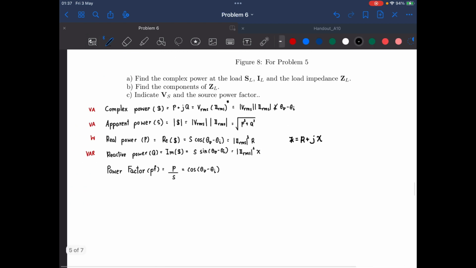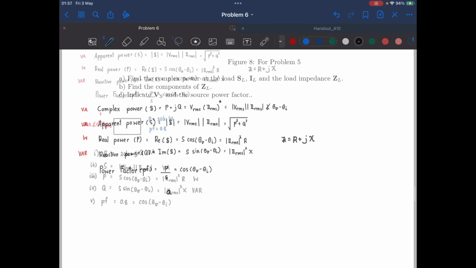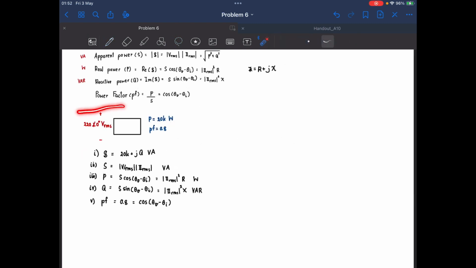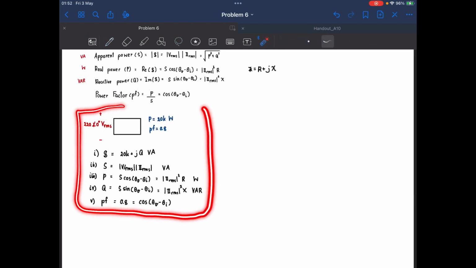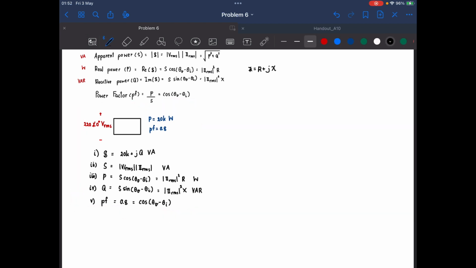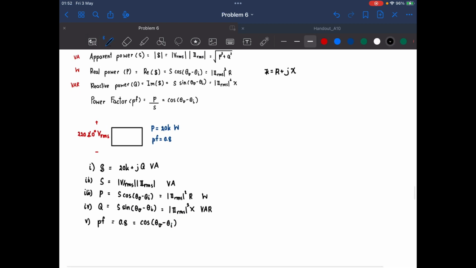Let's get started with the A sub-problem. I've listed all of what we've known from the given information. I want to first find the theta V minus theta I here by using the trigonometry function, the PF.